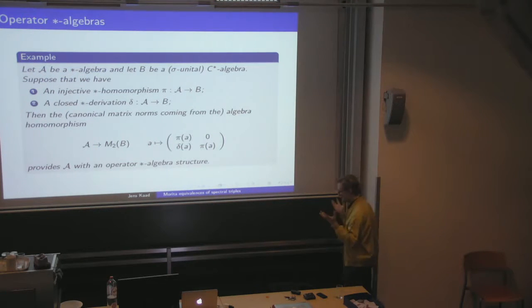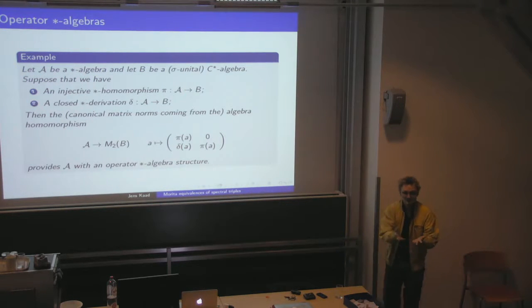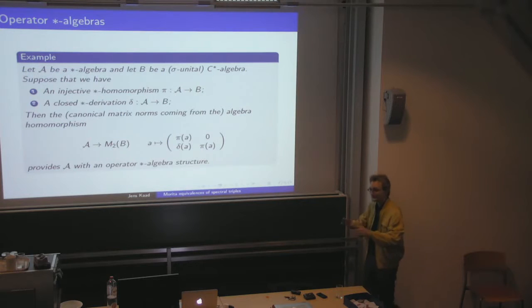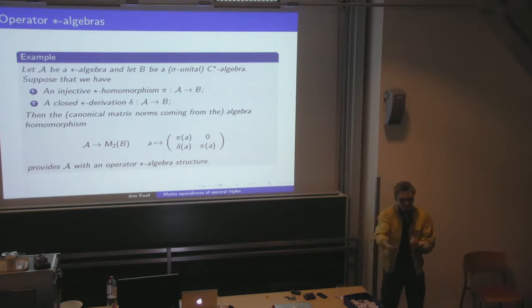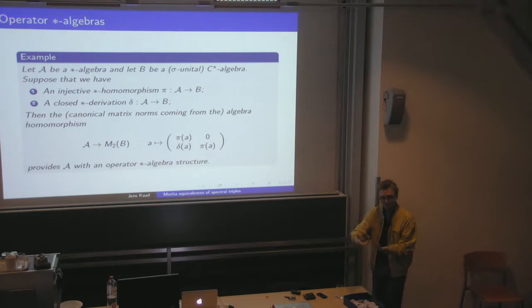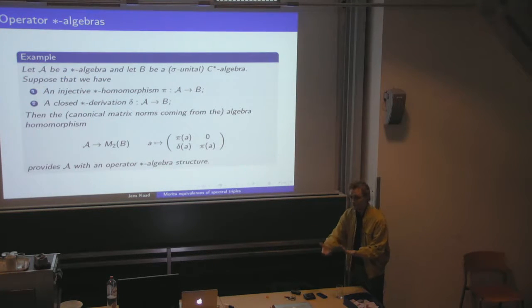So I should name William Arveson and David Blecher and Gilles Pisier. Should name a few of them. But here we have a little bit of extra data. We also have the involution, and we know that it sits densely inside a C star algebra in a way that preserves all the structure.